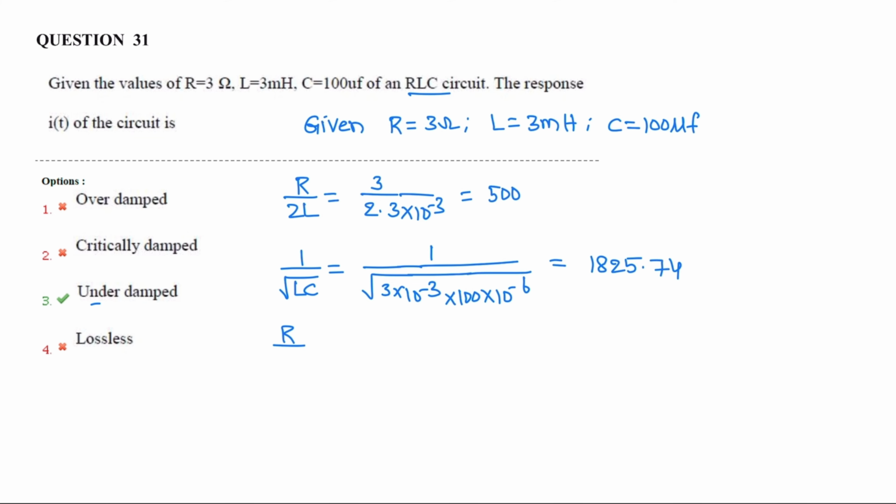Here R by 2L less than 1 by root LC. Therefore, the response is underdamped. The response of current in series RLC circuit is underdamped response. So correct option is 3.